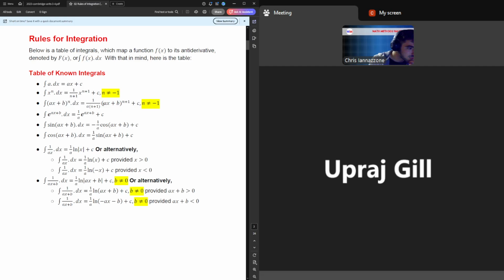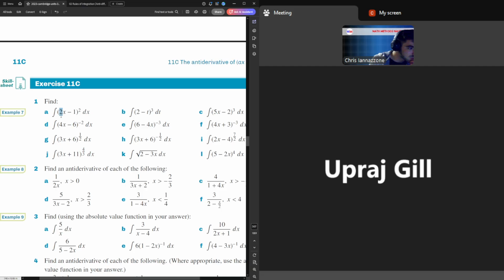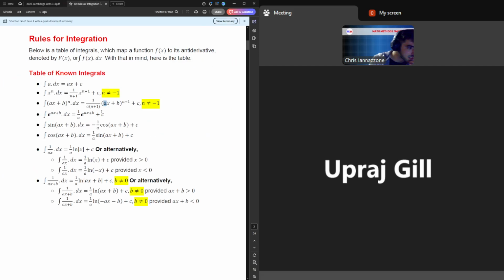Because if you look at what's going on here, n plus 1, that's 3. So you're going to put a 3 here. But there's also this a, which is 2. So that's going to go down as a multiplier on the denominator as well. So, wait, hold on, my bad. So would it be 2x minus 1 to the power of 3 over 6? Yeah, that's better. That's pretty much it.